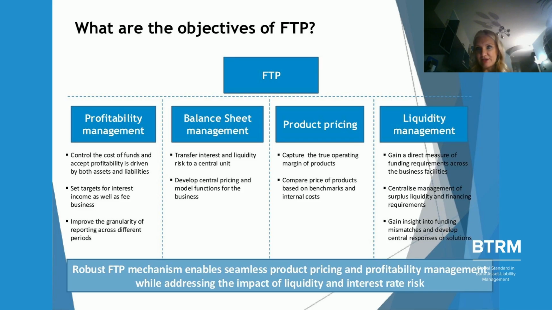Those 4 are just the most important ones, because FTP can also adjust for certain situations. Imagine you have an asset which is profitable and, as I previously mentioned, is a plain product without any embedded optionality.